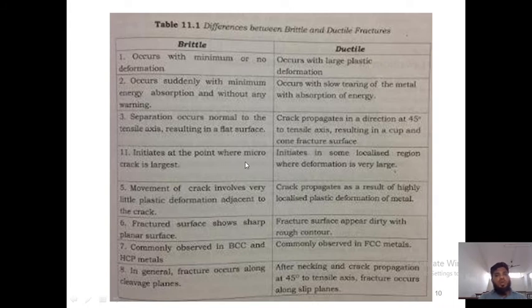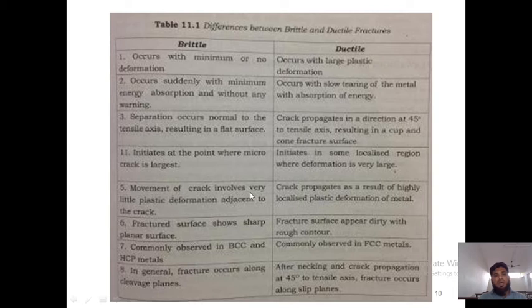Brittle fracture initiates at a point where the microcrack is largest. So if one crack is there, brittle material will start breaking automatically with a small amount of stress also. Whereas ductile fracture initiates in some localized region where deformation has happened. Wherever the plastic deformation has already formed, in that place the ductile fracture will happen.